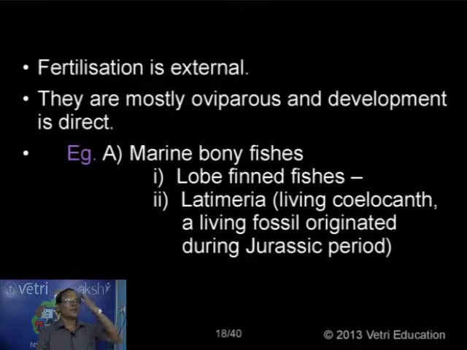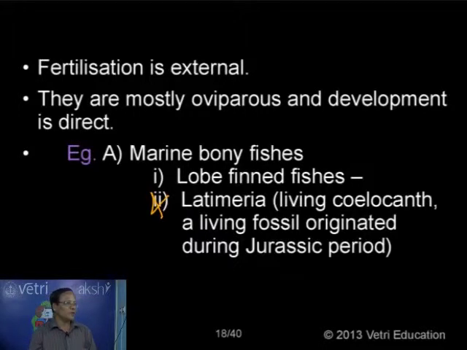During that period, the dinosaurs were dominant, and the lobe-finned fishes. Under the lobe-finned fishes, one example is Latimeria. It is a living coelacanth, the family coelacanth. It is considered a living fossil and normally originated during the Jurassic period, one period of the Mesozoic era.